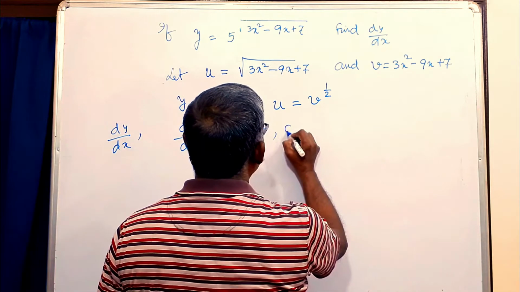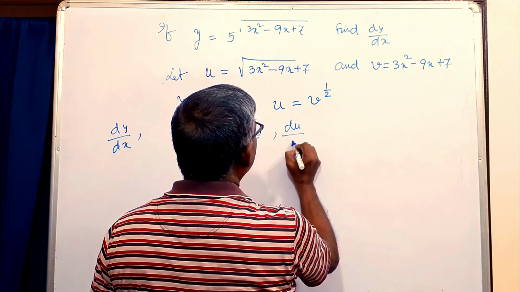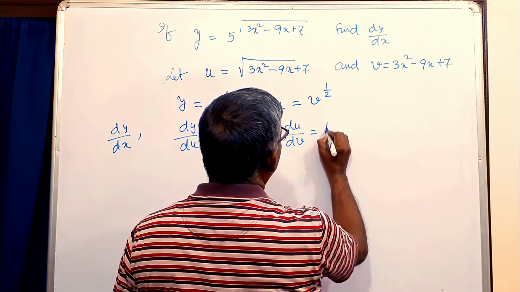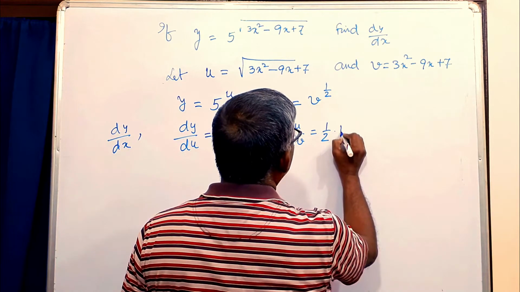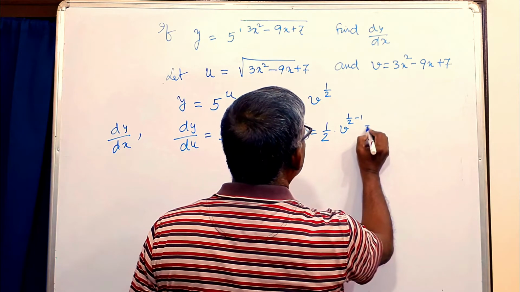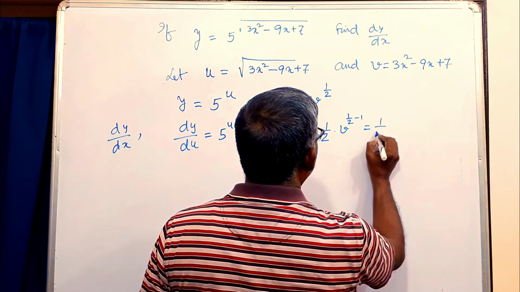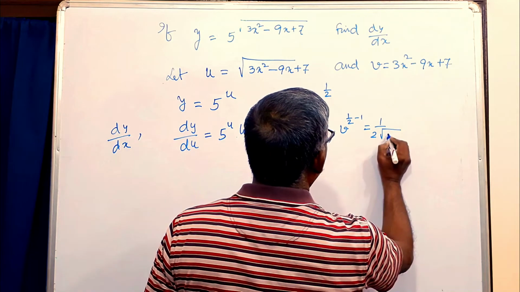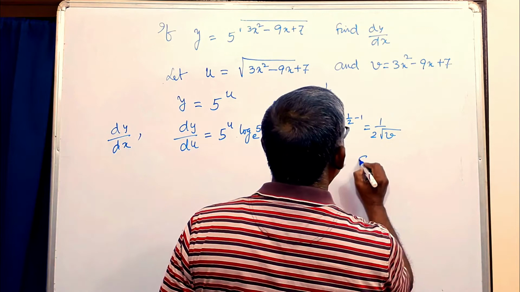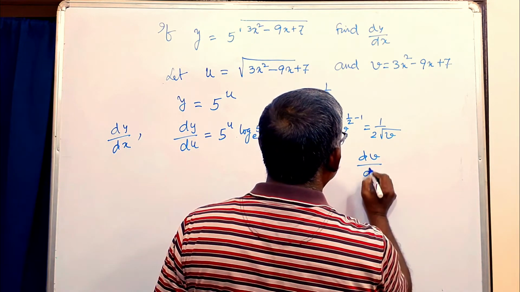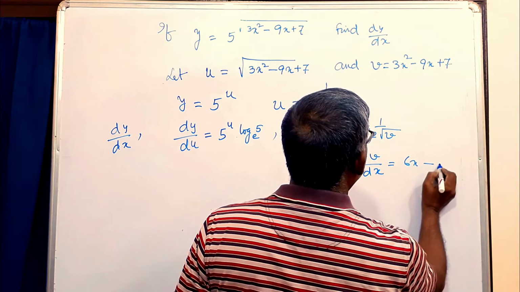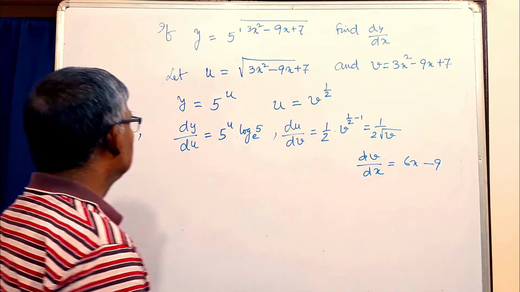And what is the value of du/dv? Equals half into v to the power half minus 1, equals 1 by 2 root v, and here dv/dx equals 6x minus 9.